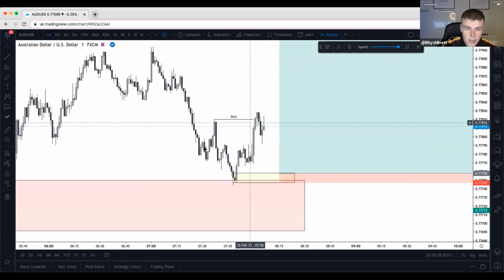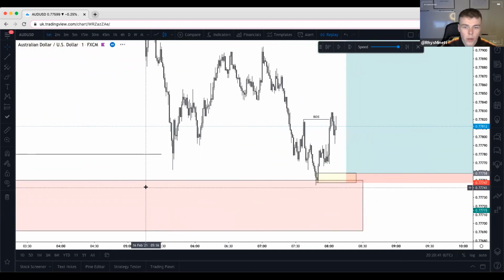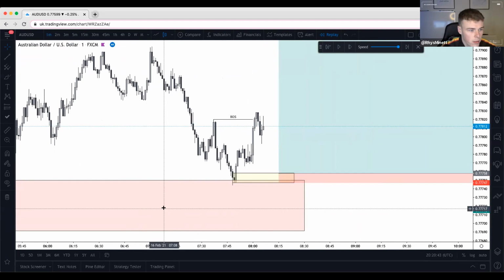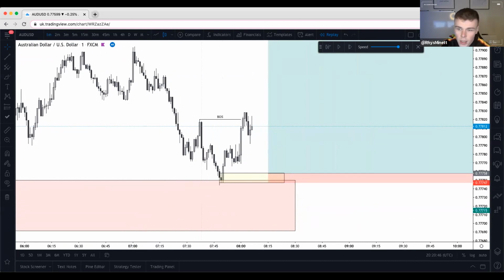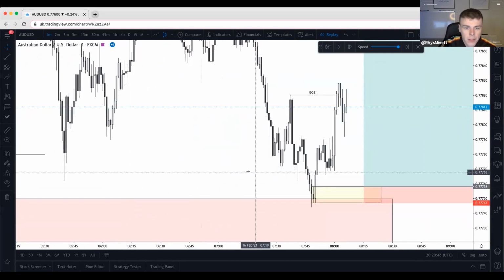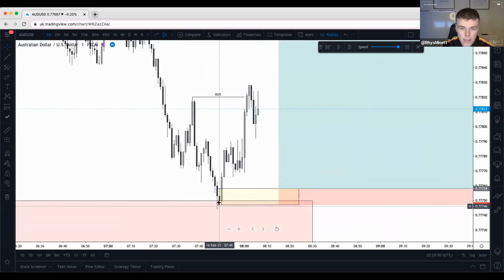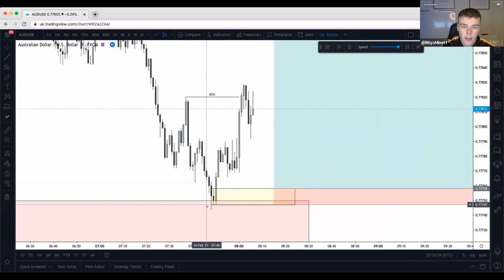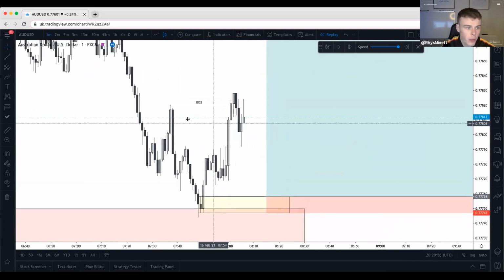Cool. So guys, bear in mind, this is my 1 hour or 45-minute point of interest, this red box. Very, very simple. Price comes into it, just tapped into it very, very slightly. And then what do we get? We break structure.